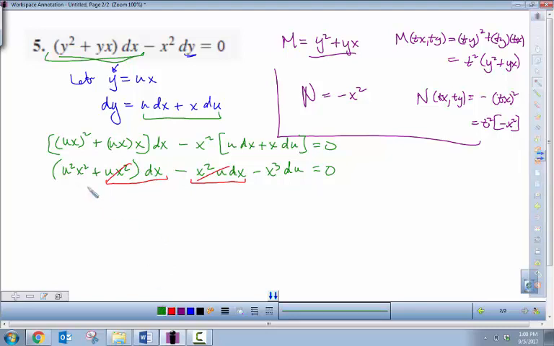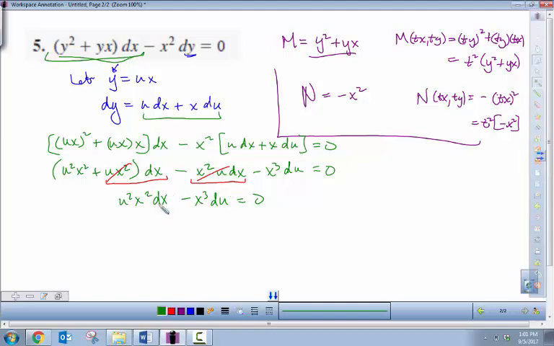And then what do we have left? We have u squared x squared dx minus x cubed du equal to 0. And this might look separable, right?